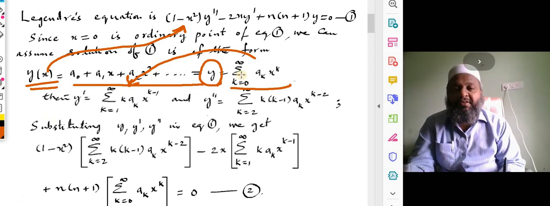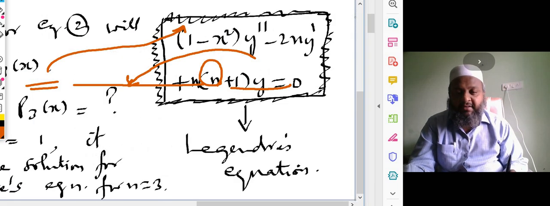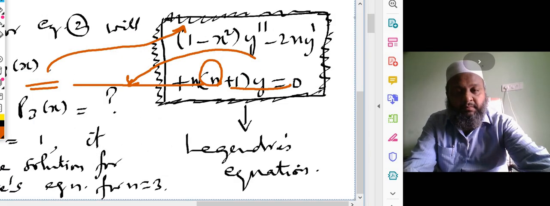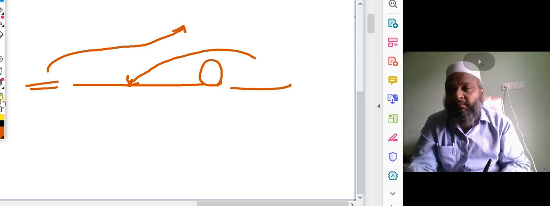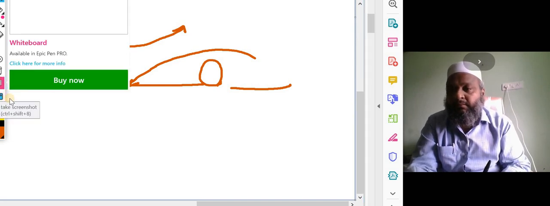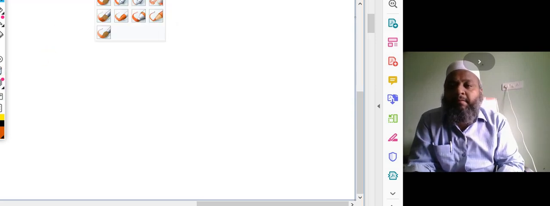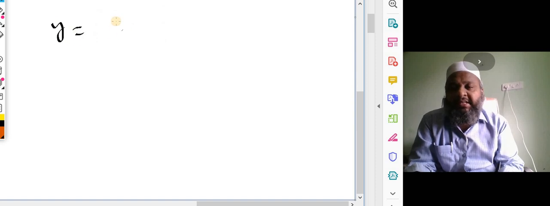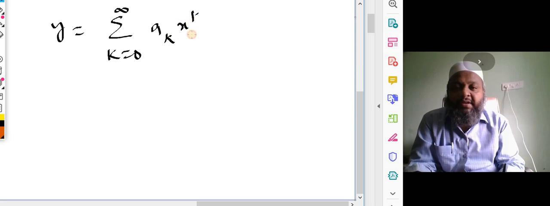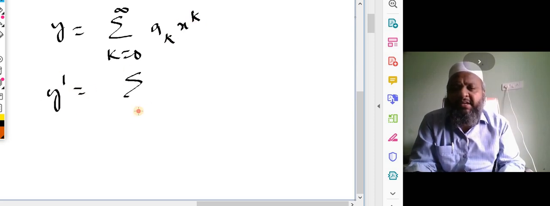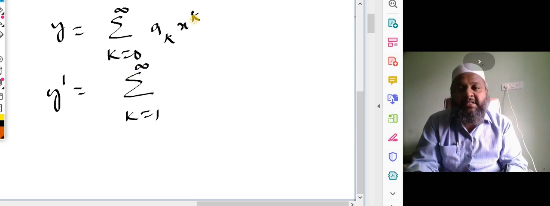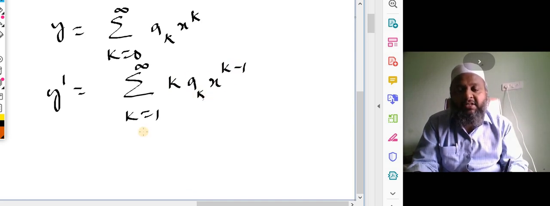So if we take y value this much, better I'll write it here. If y is taken as sigma k equal to 0 to infinity ak into x power k, then y dash will be equal to sigma k equal to 1 to infinity, because first term will be gone, and this x power k becomes k into x power k minus 1, and this ak is a constant as it is.